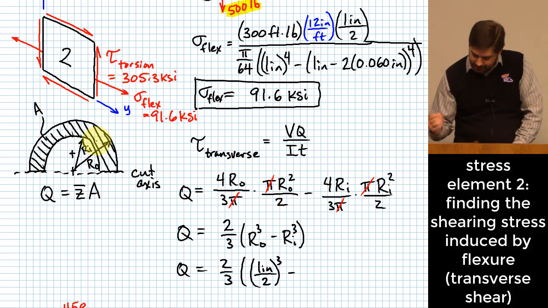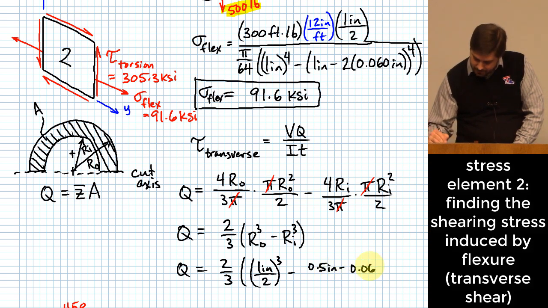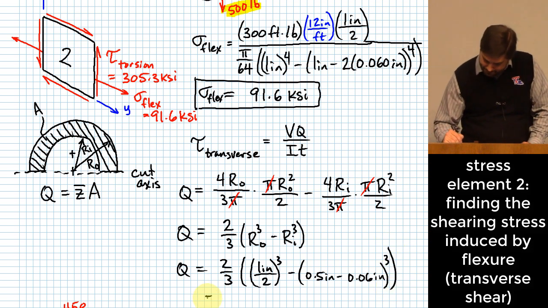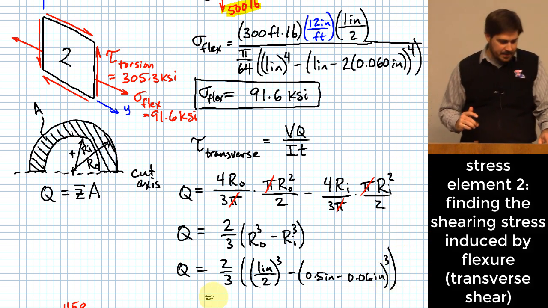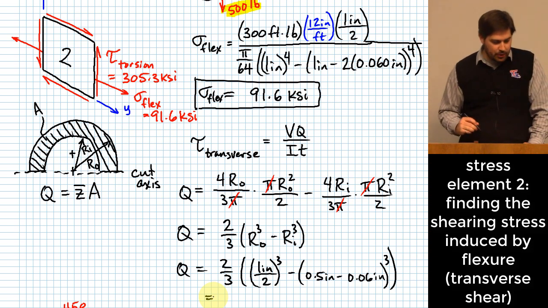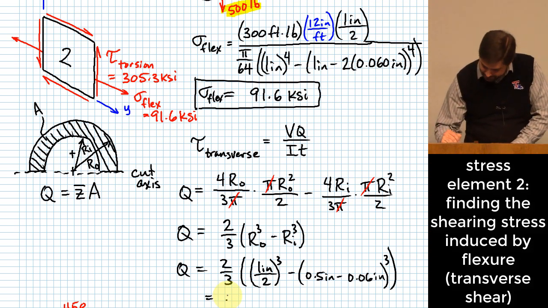So 1/2 inch minus 0.06 inches, that cubed. And once you punch all that stuff in, this gives us 0.026544.